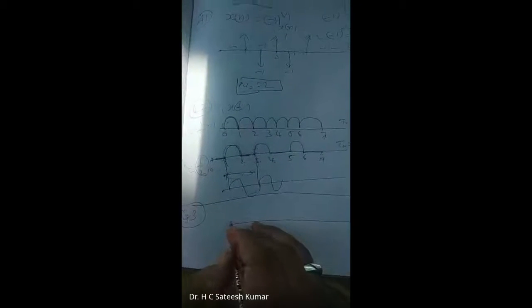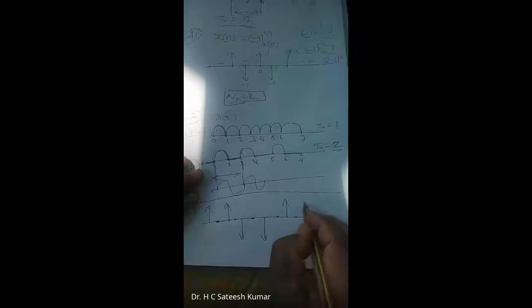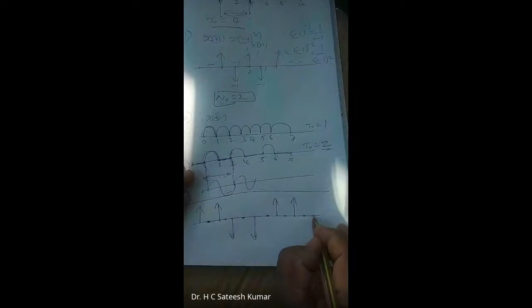If you have something like this, okay, I'll take up one problem of this kind. 0, minus 1, minus 2, minus 3, minus 4, minus 5. 1, 2, 3, 4, 5, 6, 7.